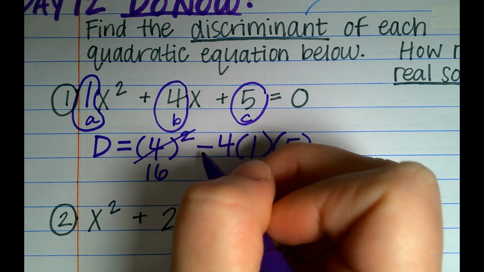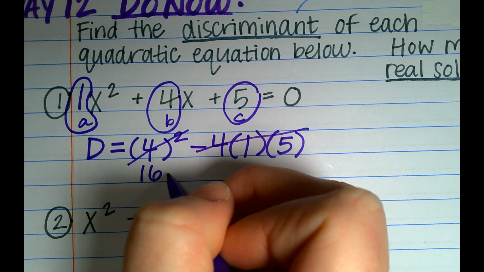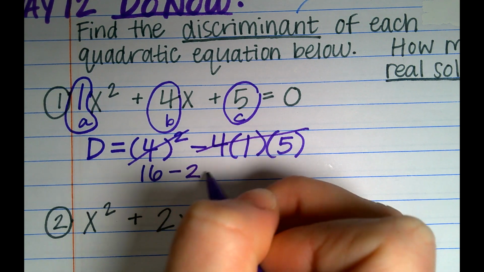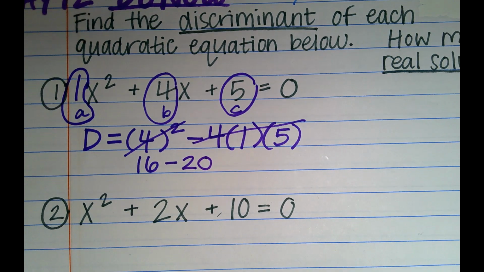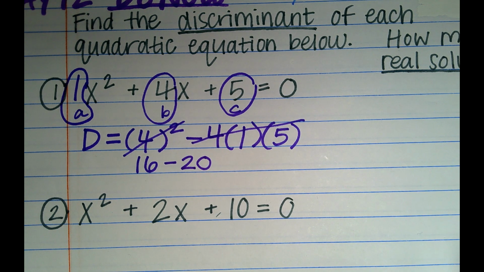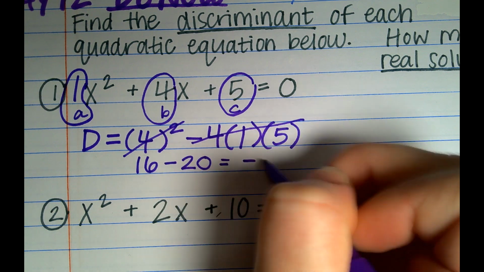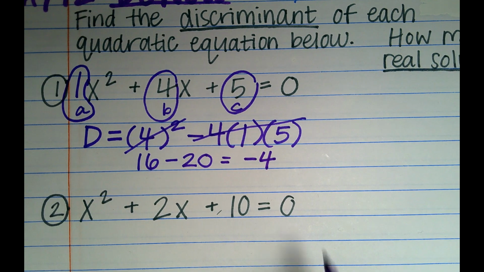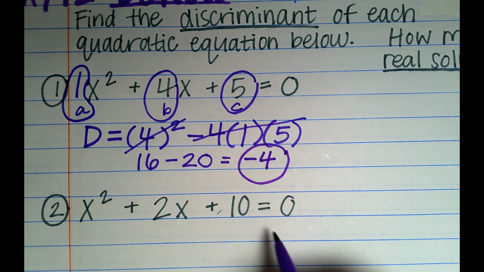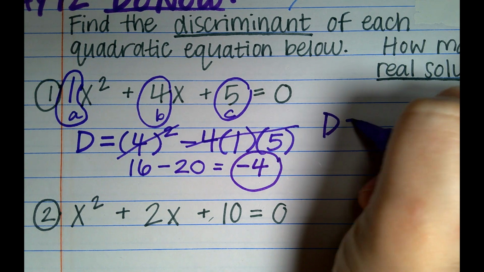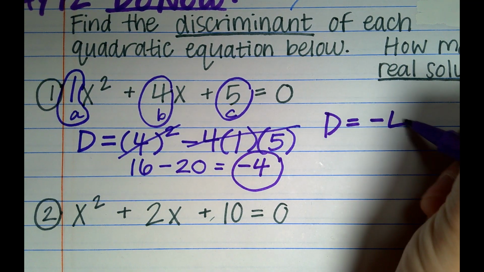Negative 20. So I need to write 16 minus 20. And what is 16 minus 20? Negative 4. So my discriminant, we'd say D equals negative 4.